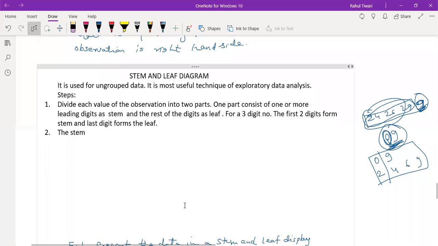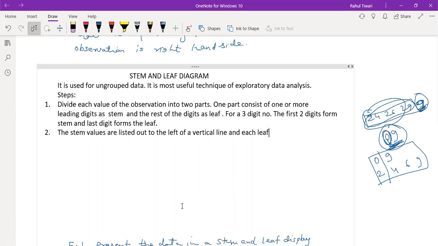The stem values are listed out to the left of a vertical line. As I mentioned, stem कहाँ लिखते हैं आप, left of the vertical line. अगर आपने problem अच्छे से सोचिए समझिए, खुद से किया है तो समझ में आएगा.